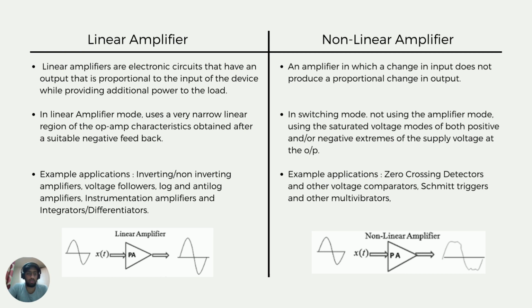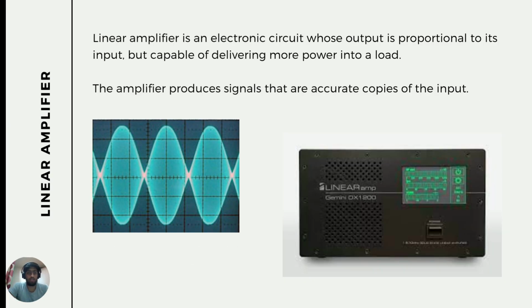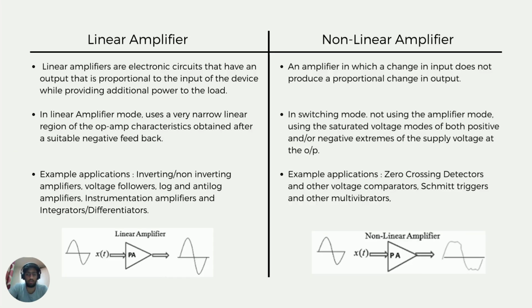Now for examples. A linear amplifier, as you can see in the graph, produces signals that are accurate copies of the input, the same but with increased amplitude. In a non-linear amplifier, you can see there's distortion in the graph and it is not proportional.